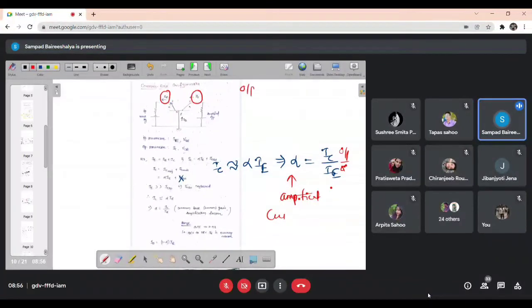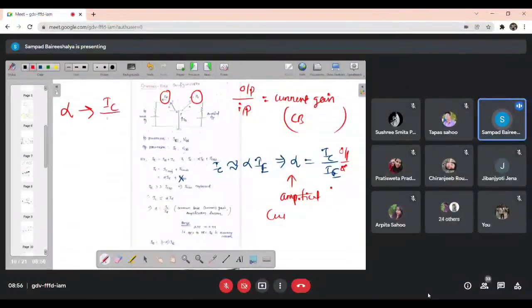So output current divided by input current is nothing but current gain. And this is the current gain for which configuration? Common base. You can also call it an amplification factor.